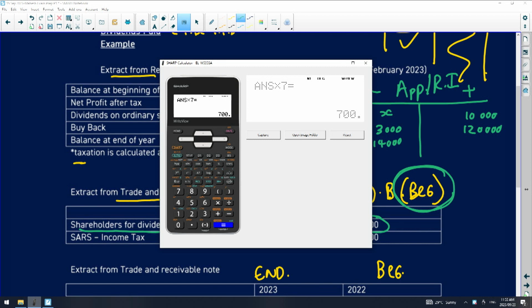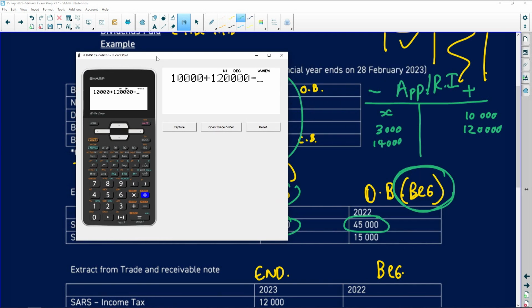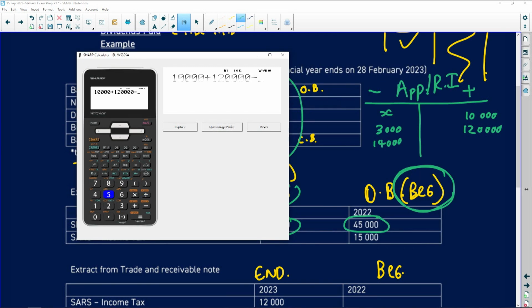So I would take the 10,000, add the 120,000, and then minus, let's just quickly move this so we can see, minus the 3,000, and then also minus the 14,000, and my dividends for the year, an amount of 113,000. Sorry, not that was paid, the dividends for the year, 113,000.